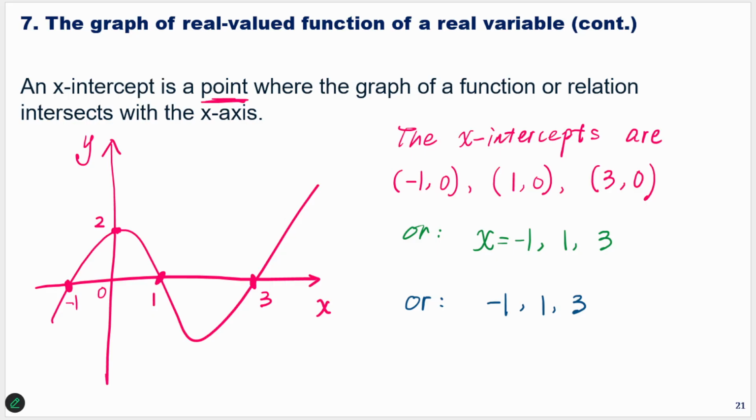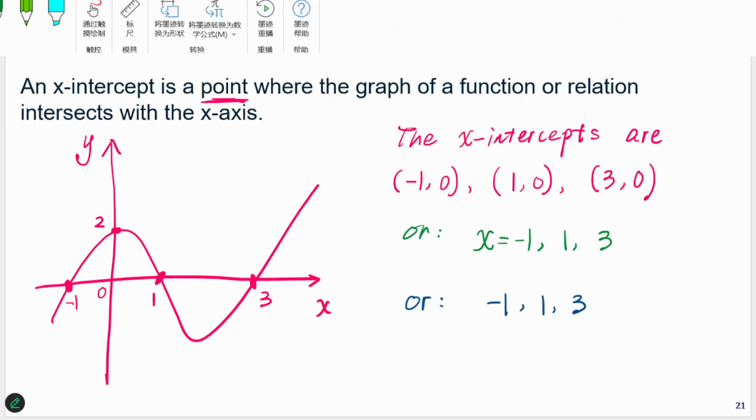Okay, and we also call these values zeros or real roots of that function. I'll make a note here.